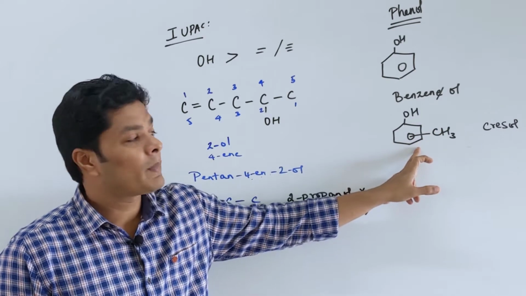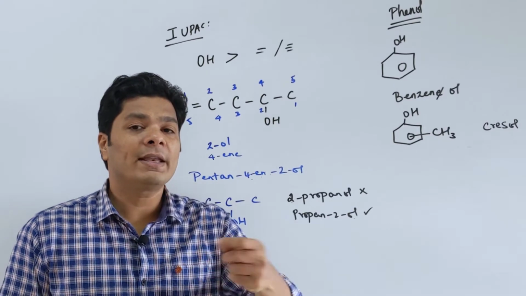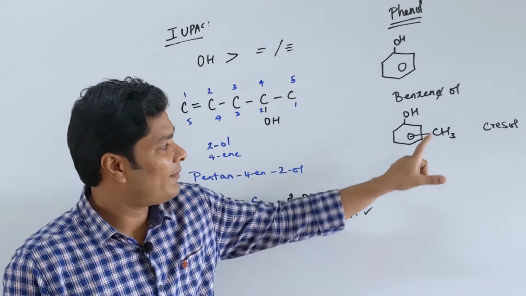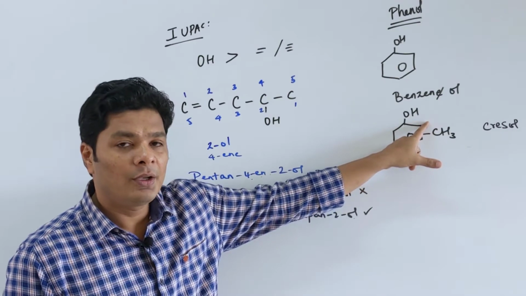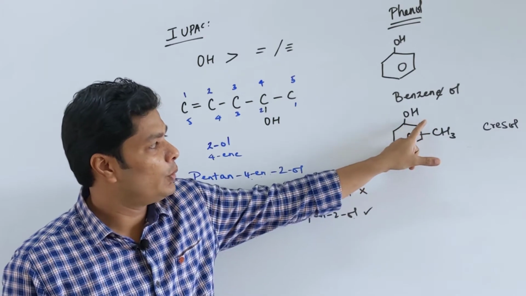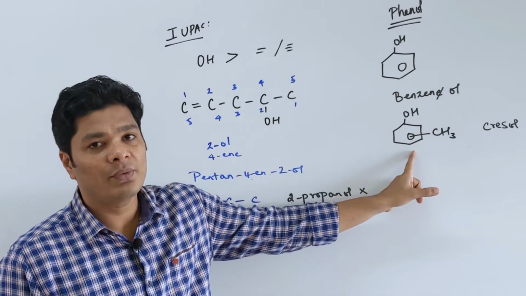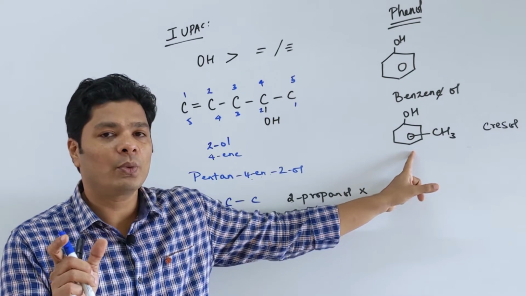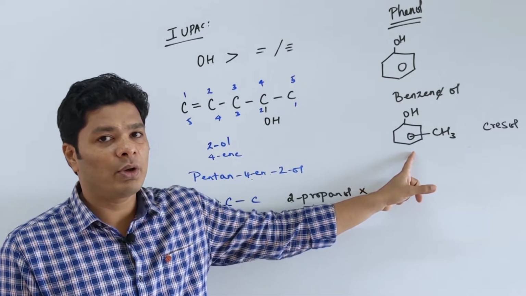Now for IUPAC, it's a methyl derivative of phenol. If it is orthocresol, CH3 is going to be here, OH is here, that's carbon 1, this is carbon 2. So 2-methyl phenol, 3-methyl phenol, 4-methyl phenol. The OH is important compared to a methyl group, so it is a phenol derivative, not a hydroxy derivative of toluene.